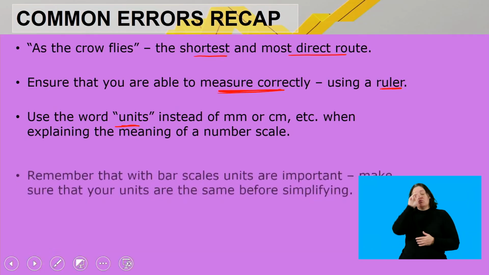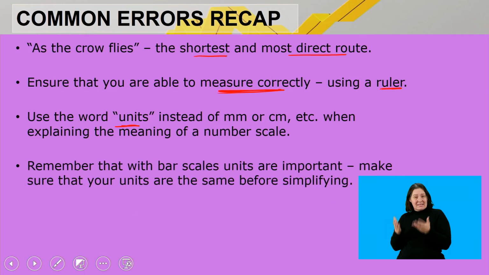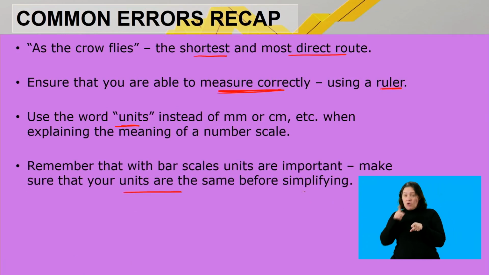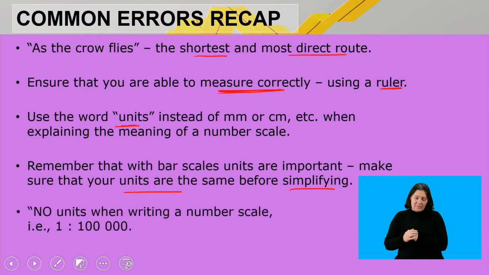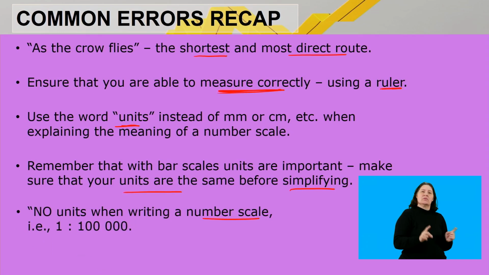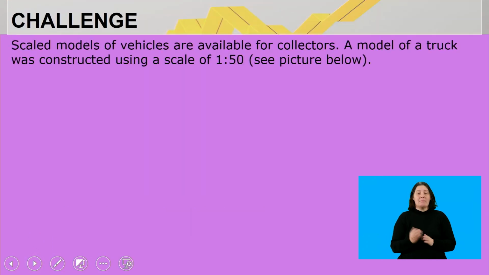Hence, I indicated, let's use the word units. Then remember that with bar scales, units are important. Make sure that your units are the same before you simplify. And then also, no units when we write down a number scale, for example, 1:100.